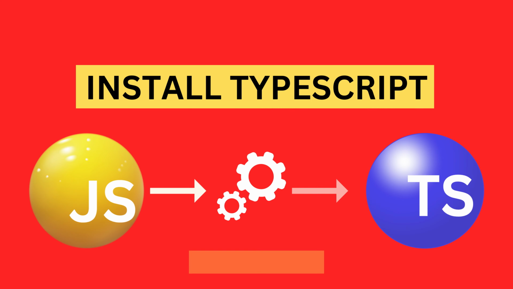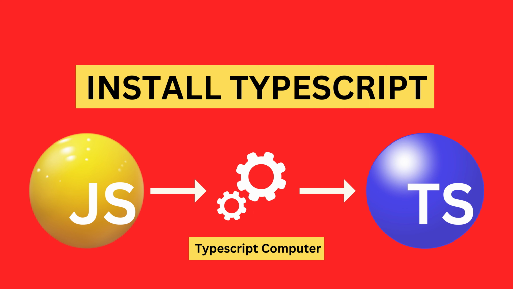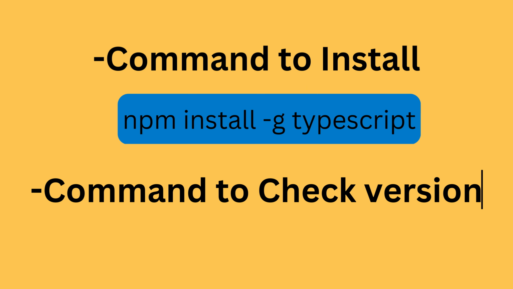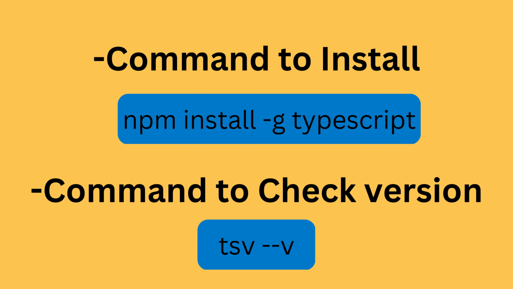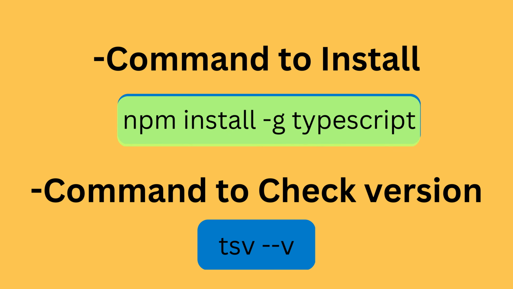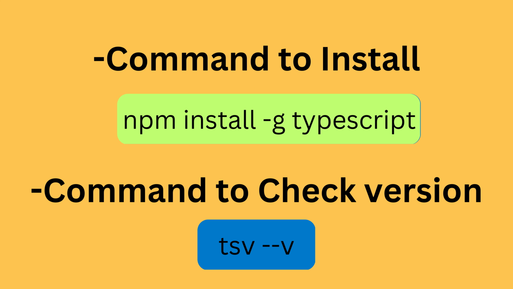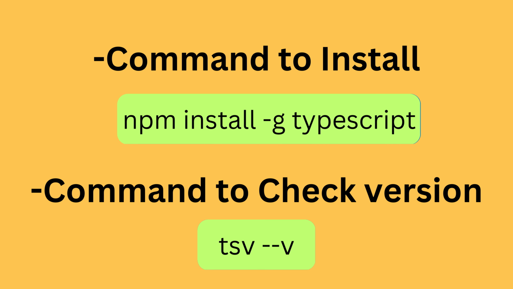Now let's install TypeScript on our system. To install TypeScript on our system, we have to run these commands in our terminal, whatever environment you are using, that is npm install -g typescript. And to check the version of TypeScript, you can use this command, that is tsc -v. Now let's install TypeScript.